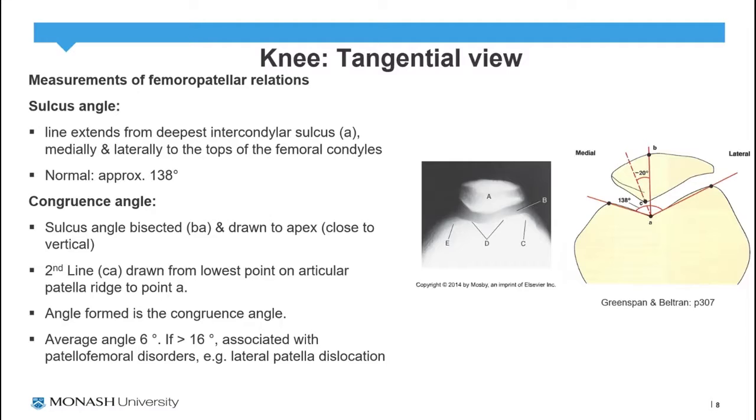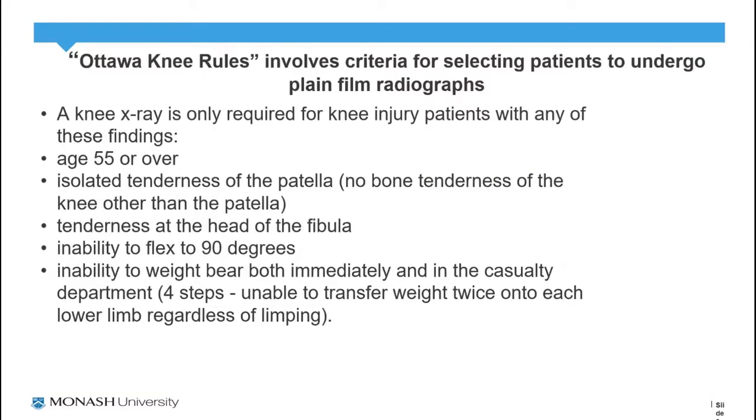The average congruence angle is around minus 6 degrees. If it's greater than 16 degrees, it's associated with patellofemoral disorders such as a lateral patellar dislocation. The image on the left is the radiographic X-ray, and here once again I would encourage you to label those at that diagram.